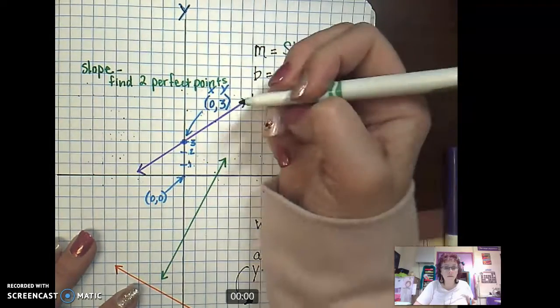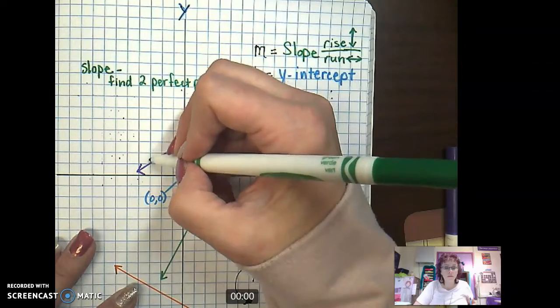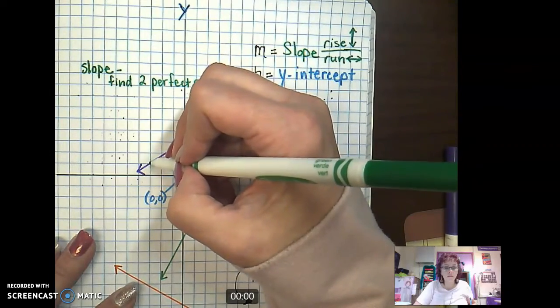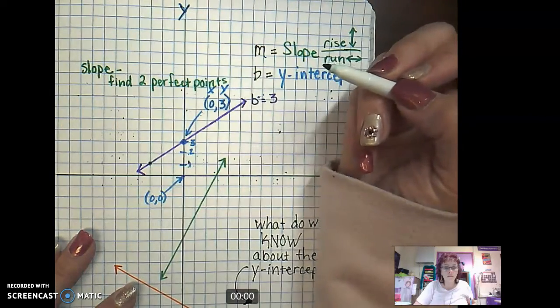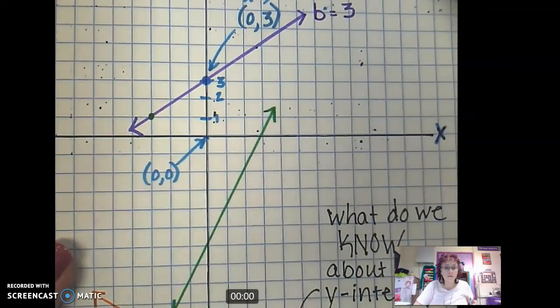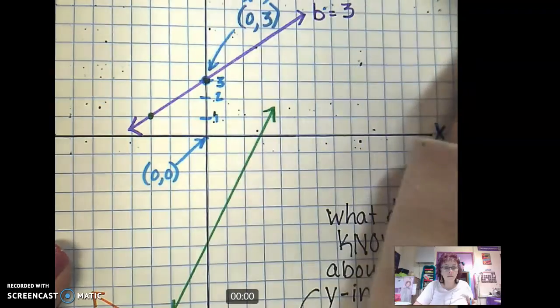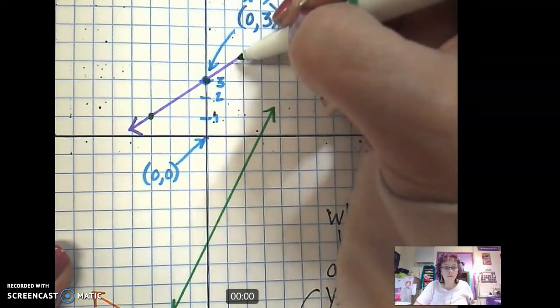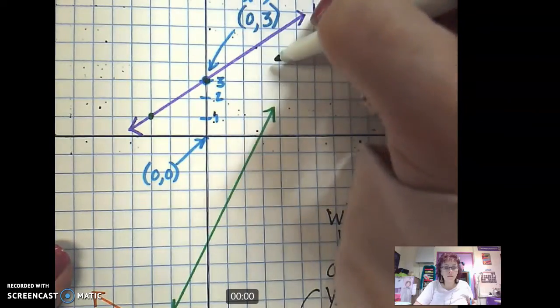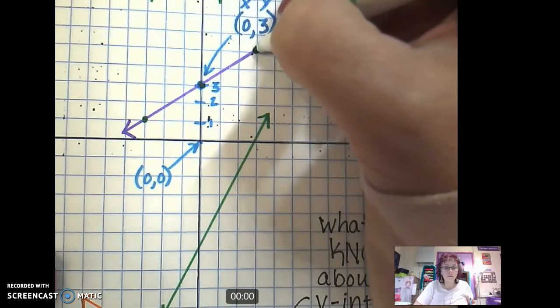And when I say perfect, I'm talking about these, see right here? They land right exactly in the center of the graph. That's a perfect point. Here, the y-intercept is a perfect point. If I keep looking, oh, I believe this is a perfect point.